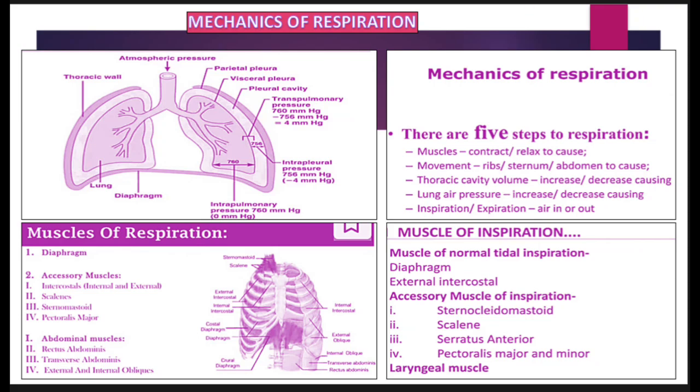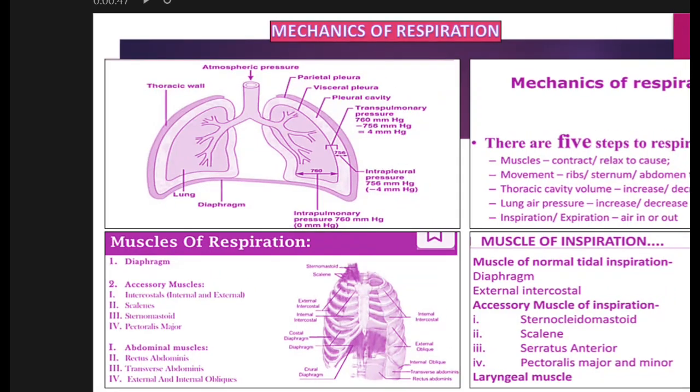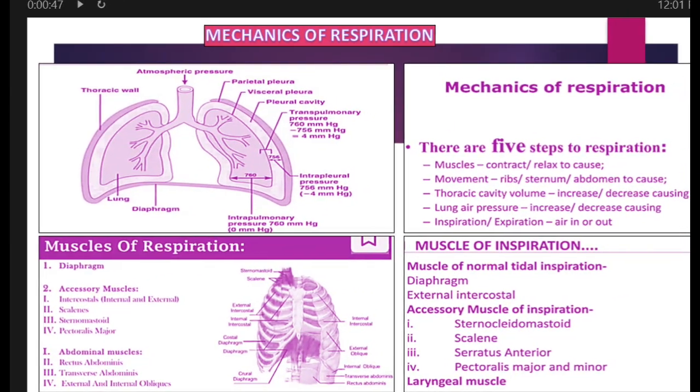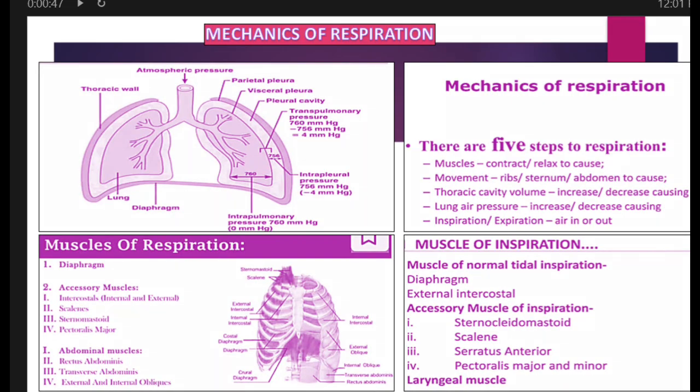The primary muscle of respiration is the diaphragm. But we have other accessory muscles, which are the intercostal muscles, both the external and internal intercostal muscles, the scalene muscles, sternocleidomastoid muscle, and the pectoralis major muscle.